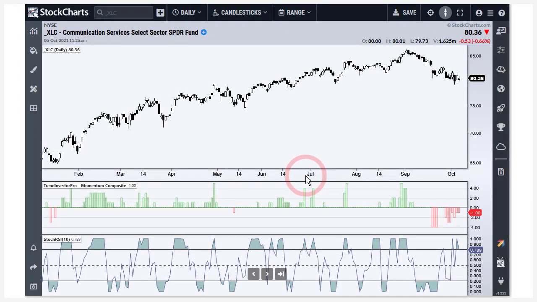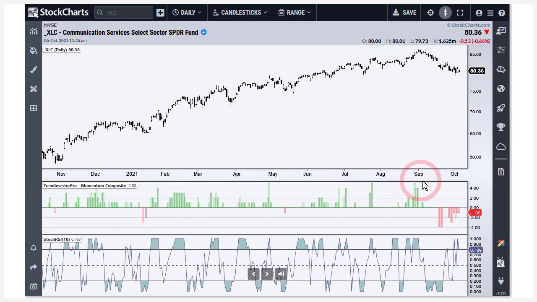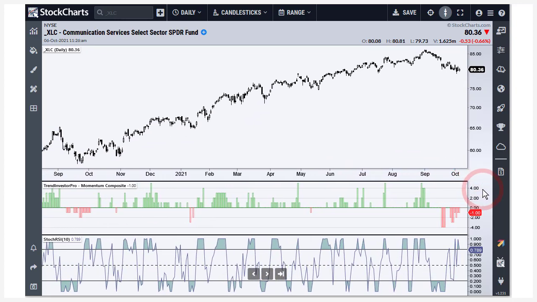So if we look at XLC here, I'm going to open up this chart a little bit so we can see that September 2020 decline. So here's the first decline on the price chart. And if you look at September 2020, it's kind of similar, it's pretty steep. And after that decline, we got a little bit of bounce and then a pullback into late October.